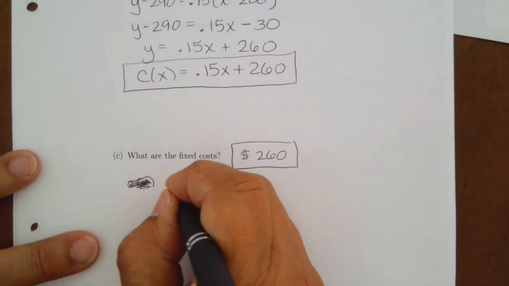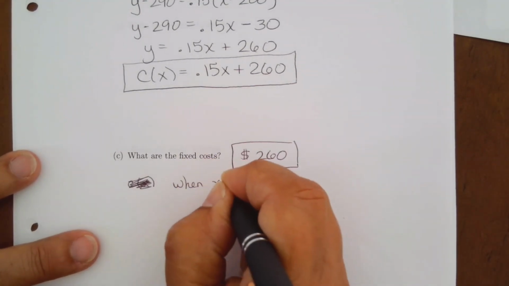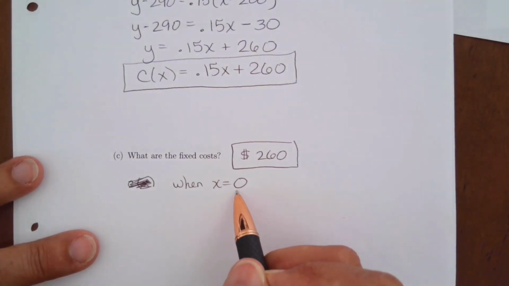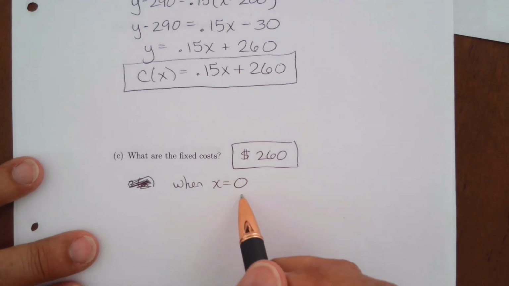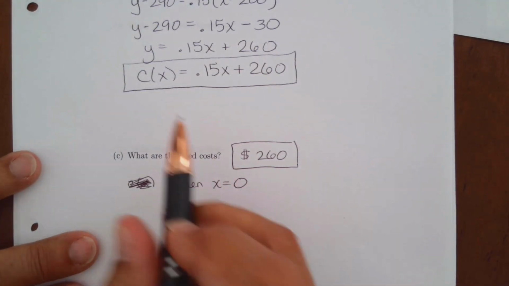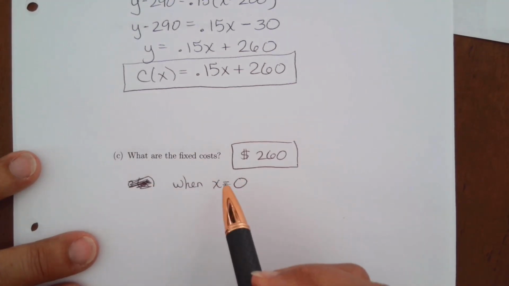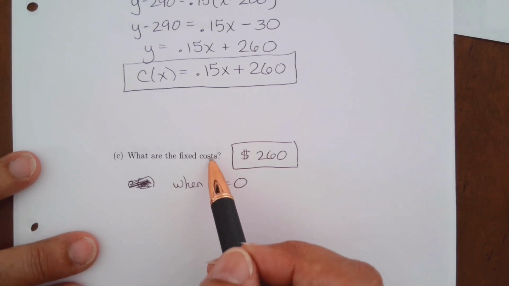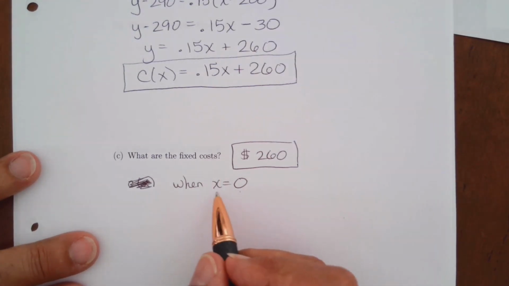So this is the same thing as thinking about it when x is 0. If they sell 0 items, anything left in my formula would be a fixed cost because I'm still going to have to pay that no matter what. So if this doesn't make sense to you with that formula, a fixed cost means you're selling no items.